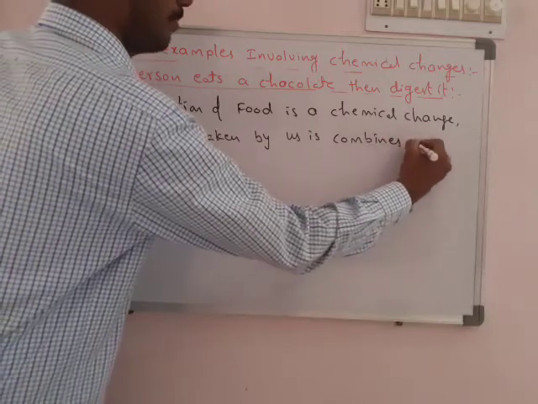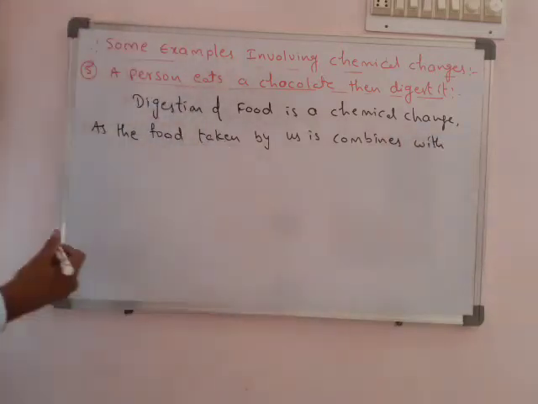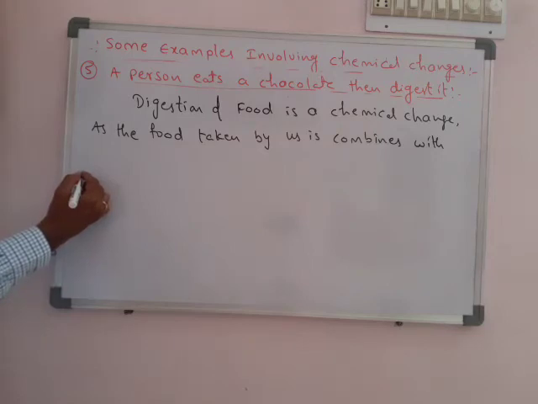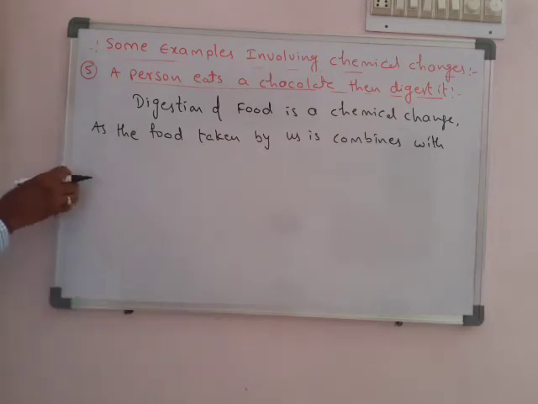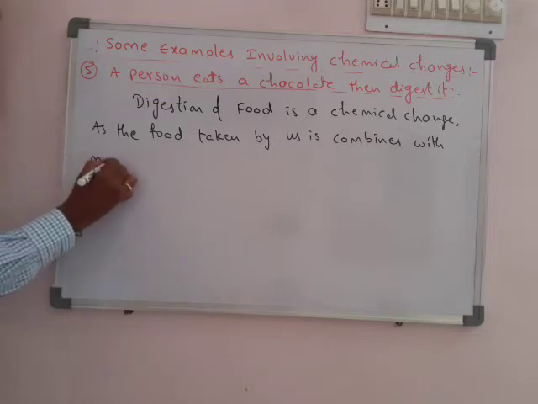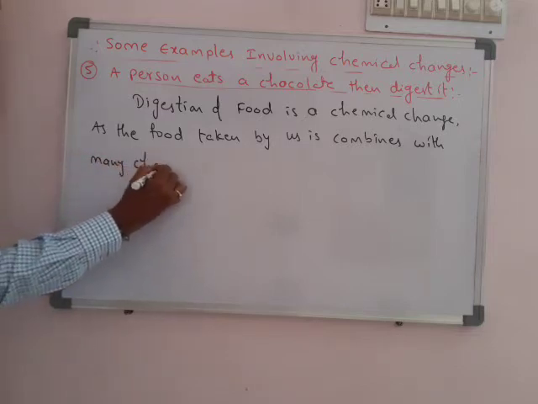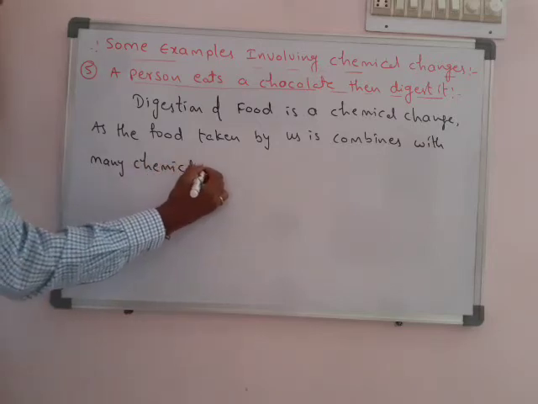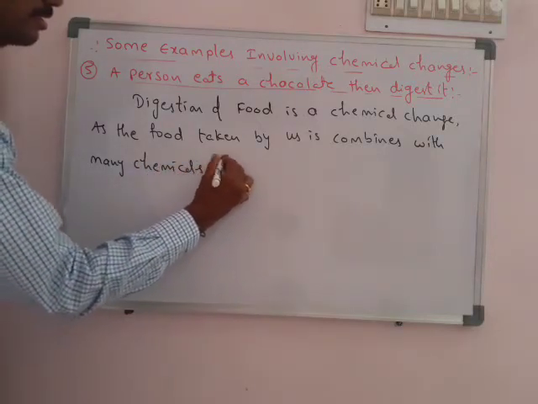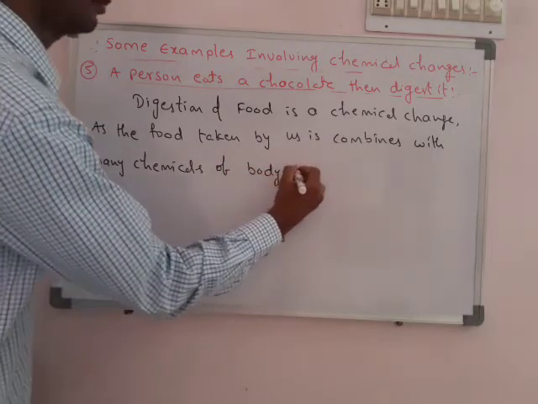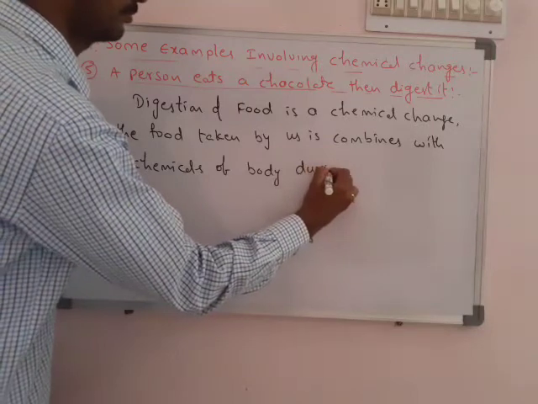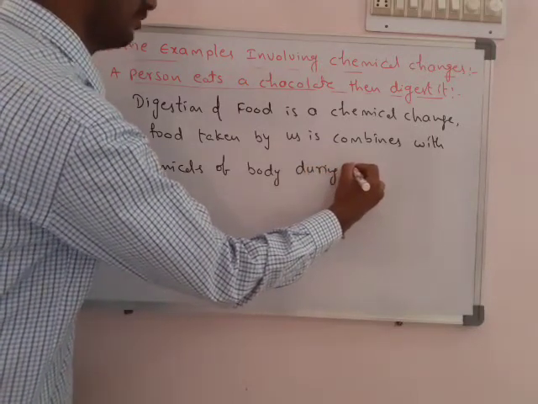The food taken by us combines with many chemicals of our body during digestion. We can't name any one chemical because a lot of chemicals react with that food.